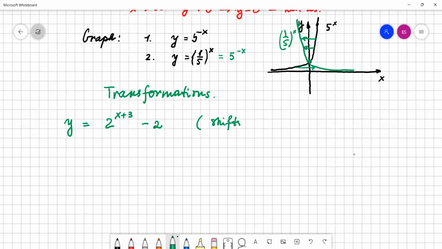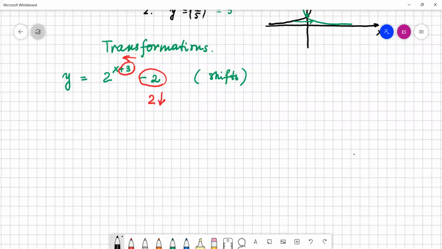Shifts. So guys, what kind of shifts do we see? Well, we see subtraction of 2 from the whole function, which means 2 units down, right? And we see addition of 3 to x. We know that addition of 3 is 3 units to the left. So basically, what you need to do is graph the normal graph, 2 to the power of x, and then show transformations.